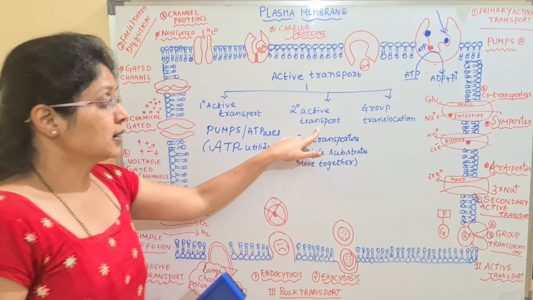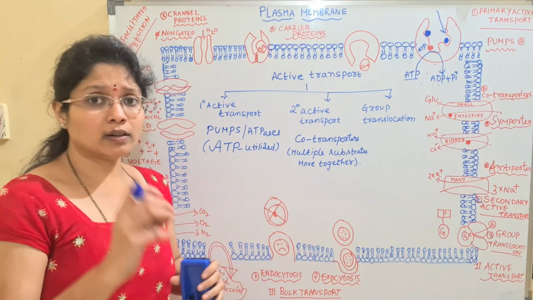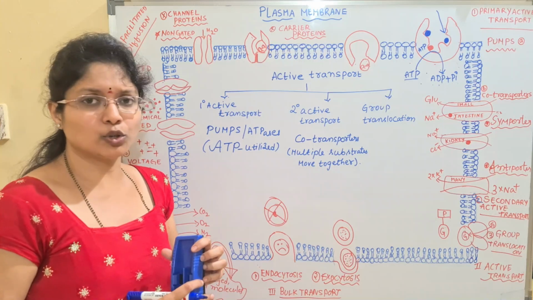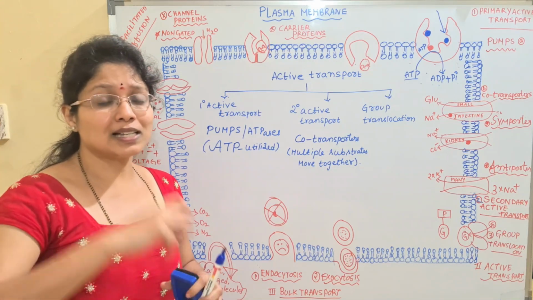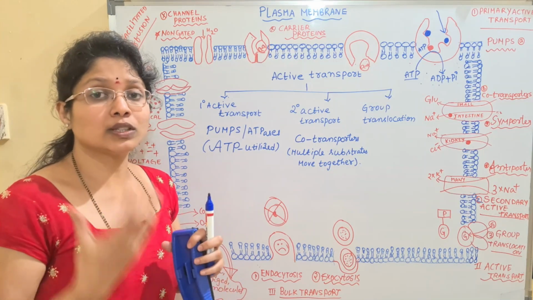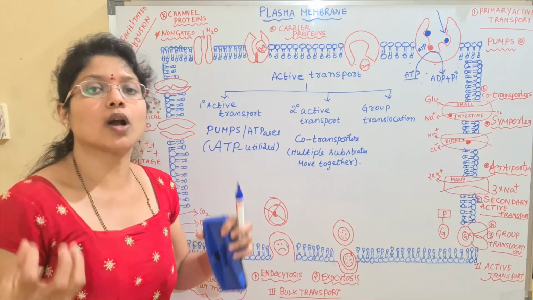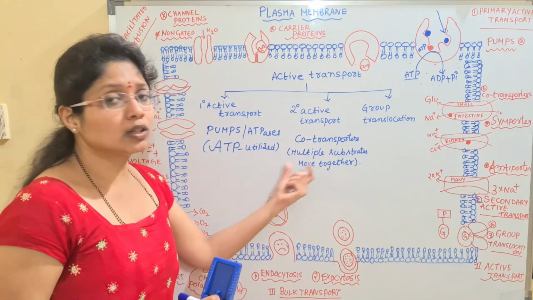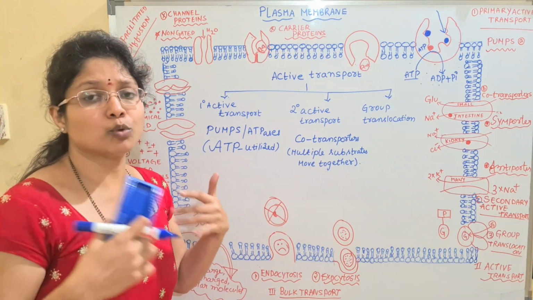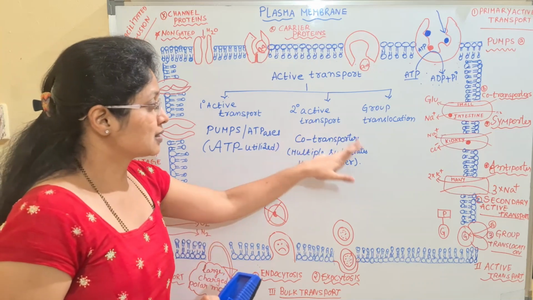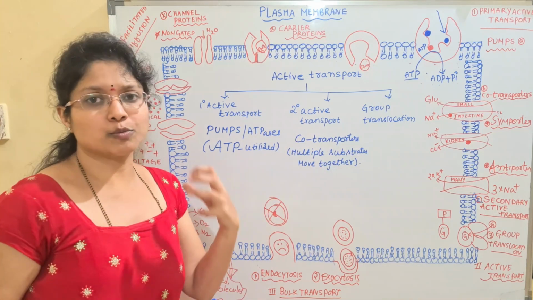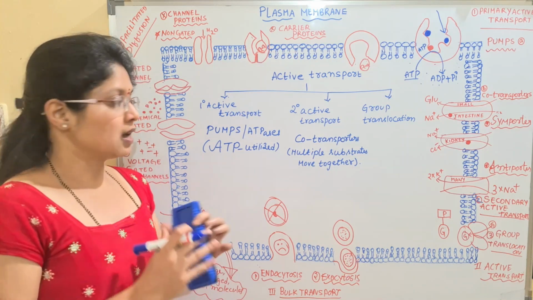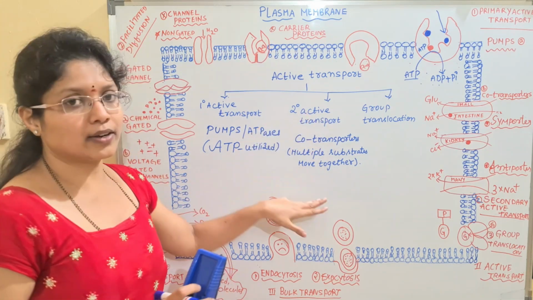Because here the movement of one molecule has to be supported by another molecule, which I have told you before. The molecule will utilize the gradient of another molecule, so this molecule is directly linked or coupled to the primary molecule, and hence both the molecules will be coupled and they will move together. So this is exclusively the co-transport system. Why? Because the molecules are in association, and this is regarding the secondary active transport.